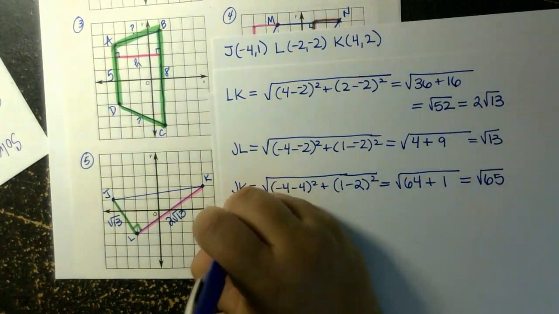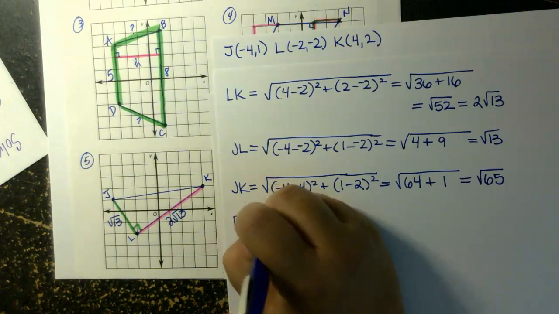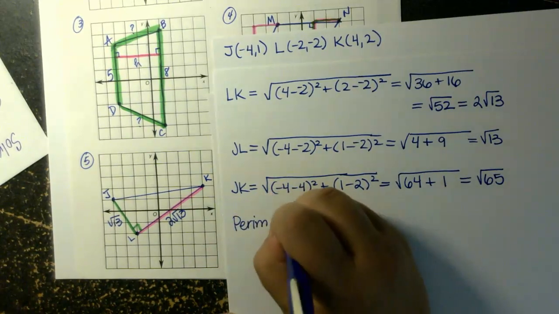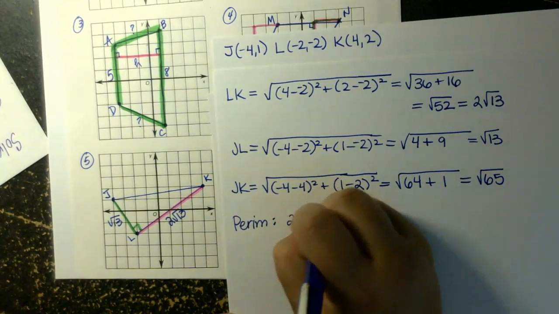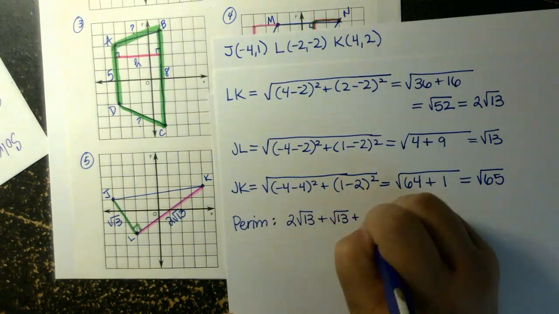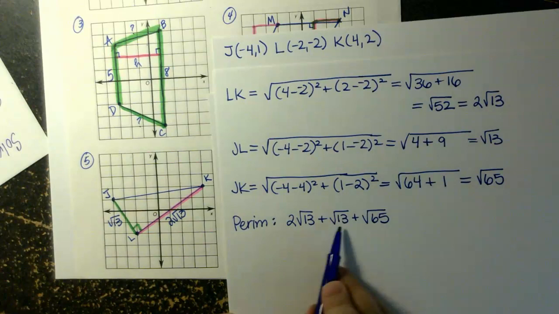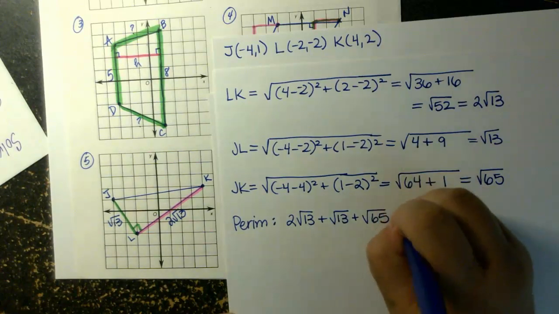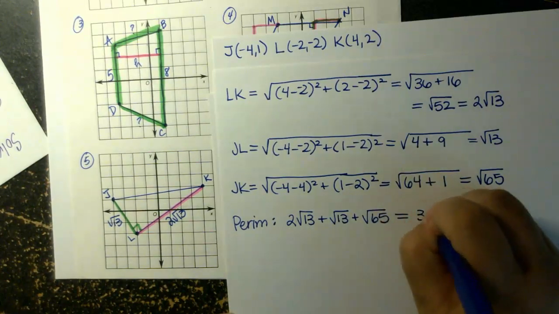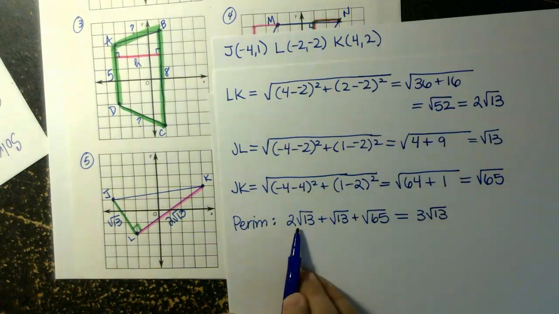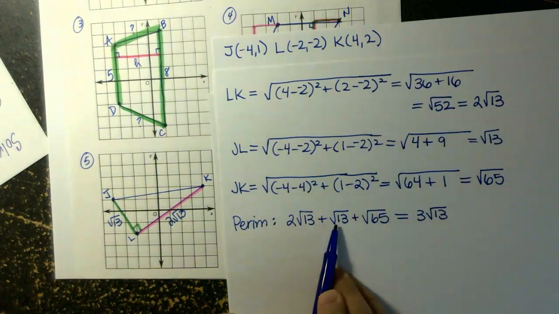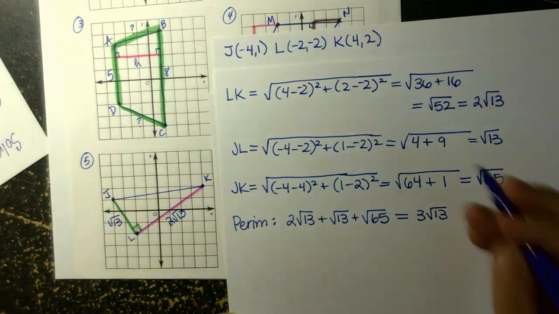So my perimeter in exact form is 2 root 13 plus root 13 plus root 65, which these two can be combined, so I'm going to call that 3 root 13. This is like if I have 2 of something and I add 1 more of it, 2x plus x.